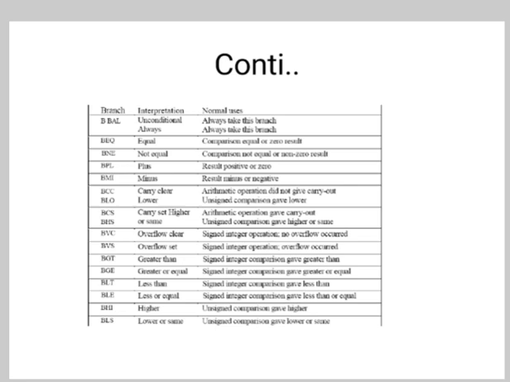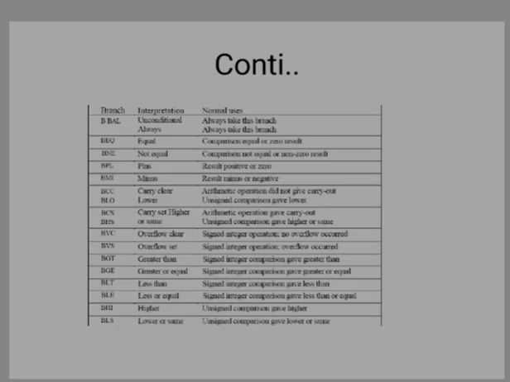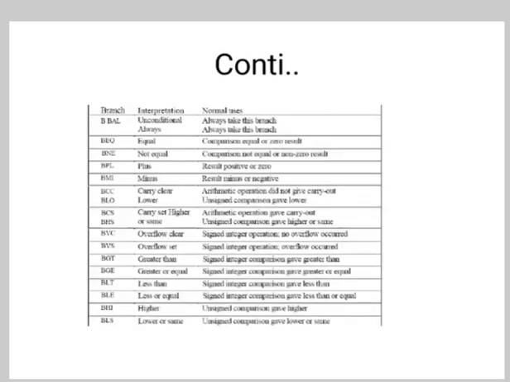BGE is greater or equal, signed integer comparison gave greater or equal. BLT is less than, so the signed integer comparison gave less than. BLE is less or equal, so comparison gave less than or equal. Next is BHI, that is higher, so unsigned comparison gave higher. And last is BLS, that is lower or same, that is unsigned comparison gave lower or same.